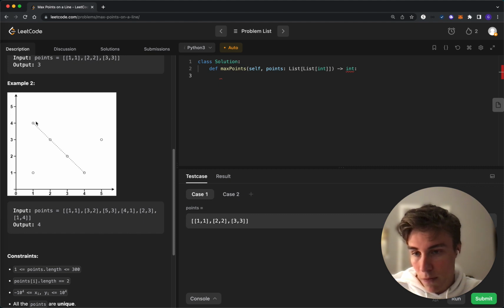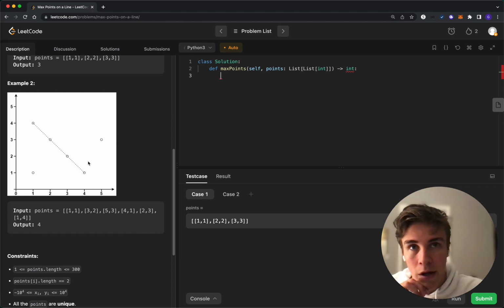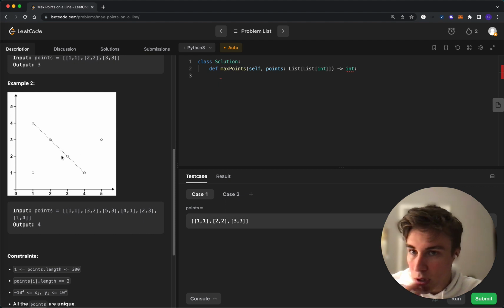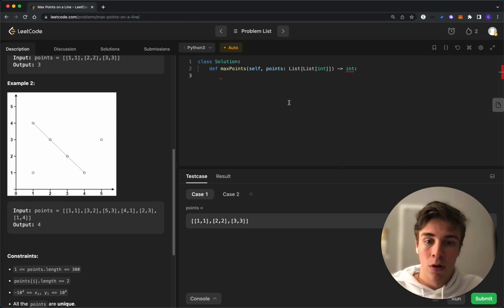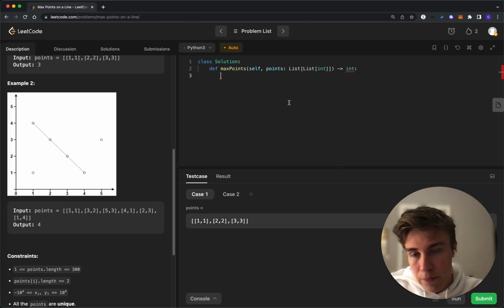Then I could find the line with the most points. That should take time complexity of O(n squared) because I'm looking at all different pairs of points. That seems like the most naive, brute force solution.